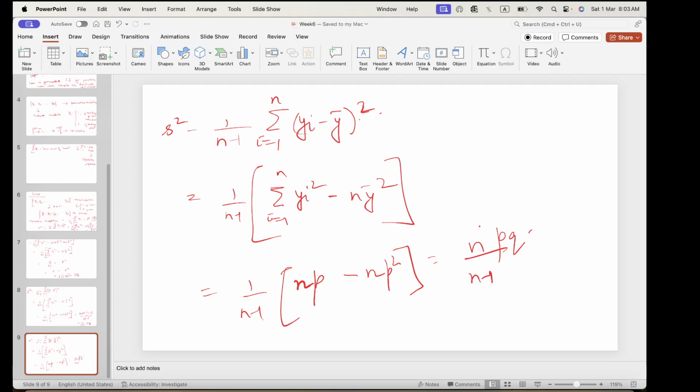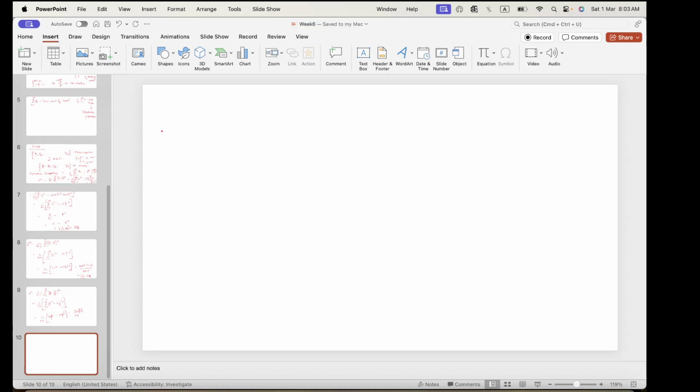Okay, so this is there. Now, having said these, what are we essentially doing? We have a pool of y1 to yn, which could be ones or zeros.